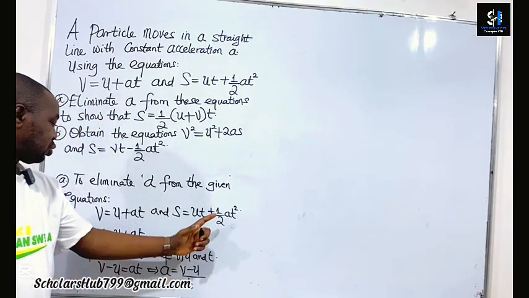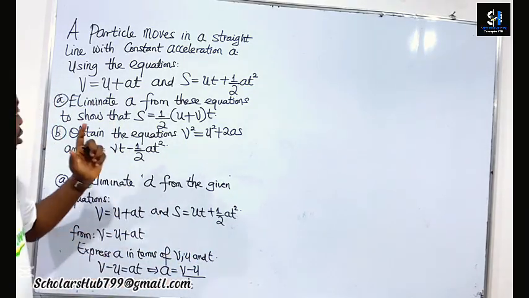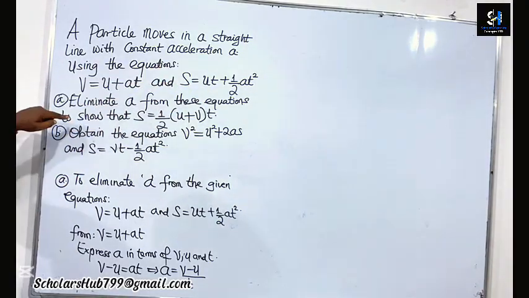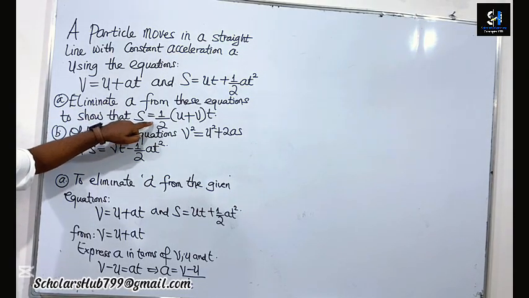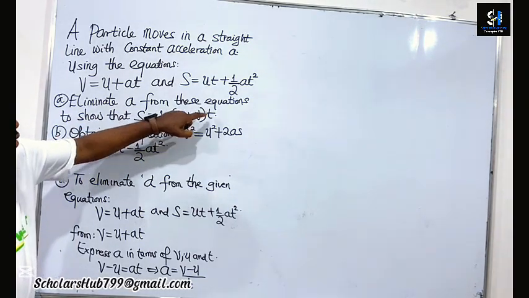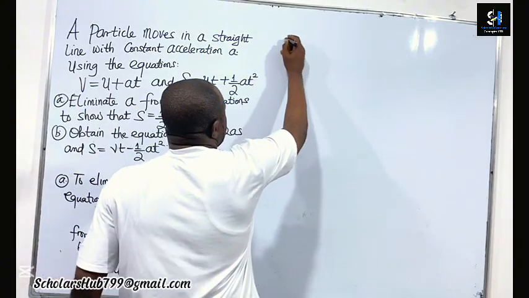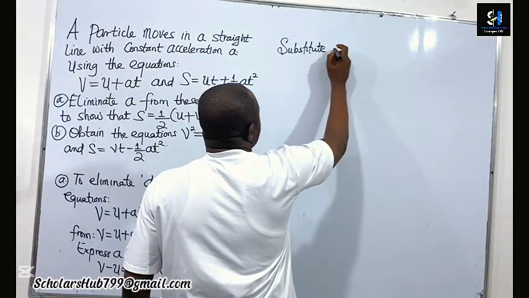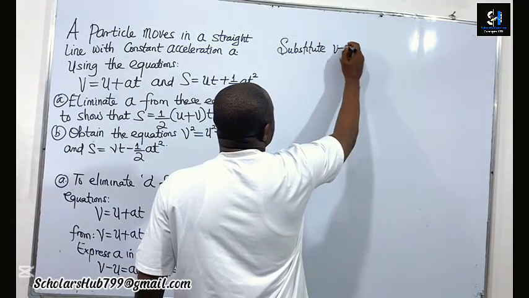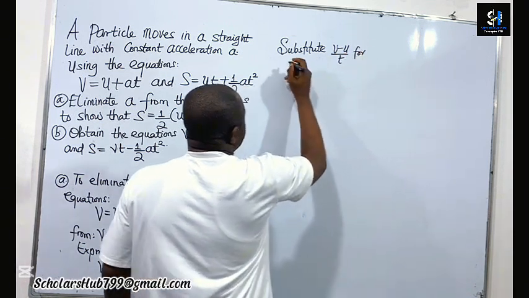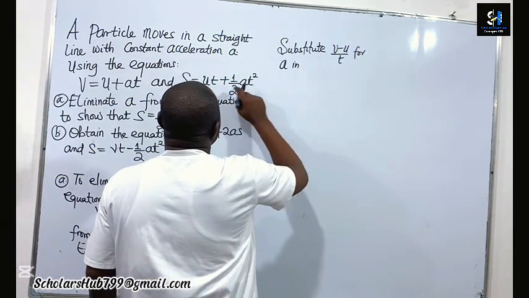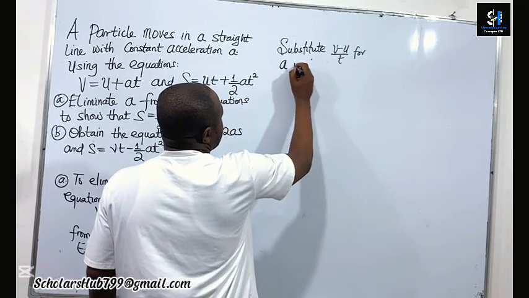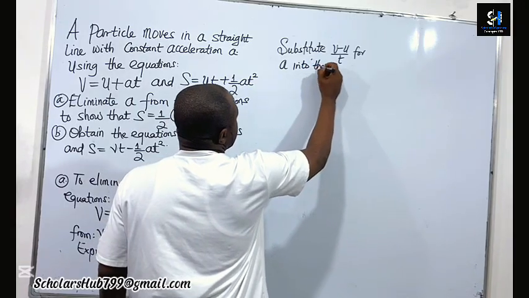So this equation of acceleration, I'm going to substitute into the second equation because now we are asked to eliminate a from these equations to show that s, distance travelled, equals 1/2 of u plus v multiplied by t. So what I'll do now is to substitute v minus u over t for a into the second equation.